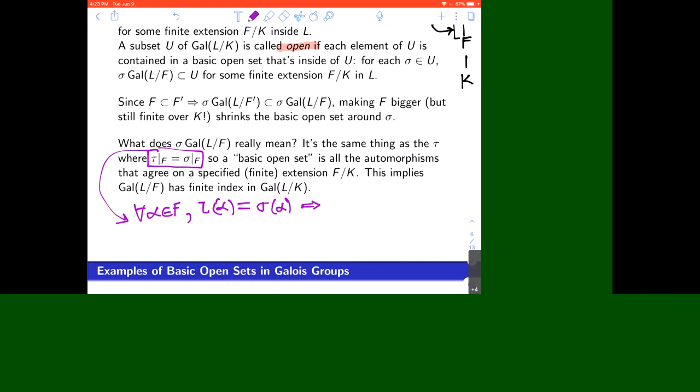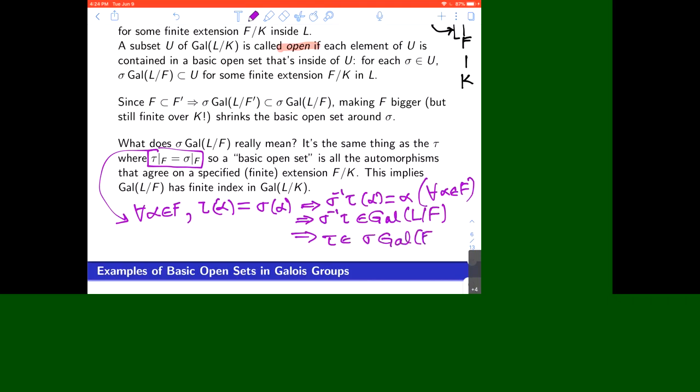So therefore sigma inverse tau, the automorphism, fixes alpha for all alpha in F. But that's exactly saying sigma inverse tau is in the subgroup fixing F. But that's exactly the same as saying tau is in that coset.